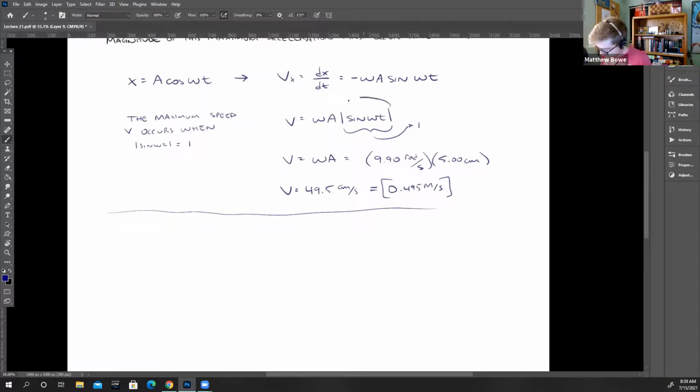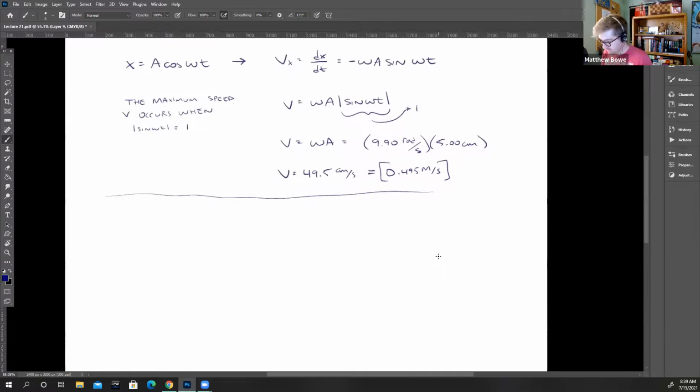So when will this sine of omega t equal 1? That's what we want to find out.